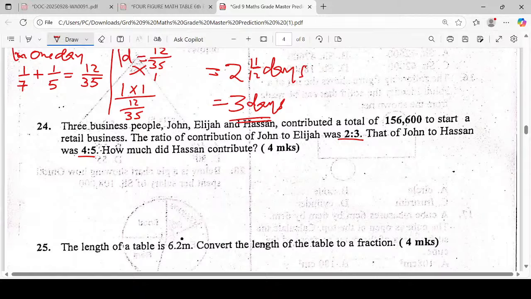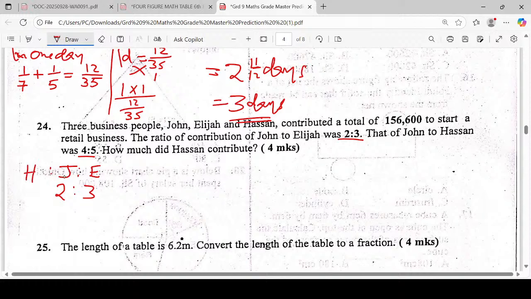John to Hassan is 4:5. Let's look at this case. We have John to Elijah. Their ratio of contribution is 2:3. When they say John to Hassan, that means I might have Hassan here.